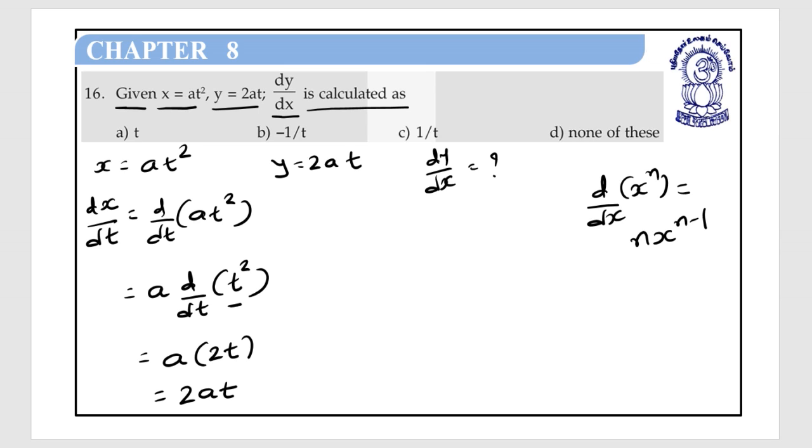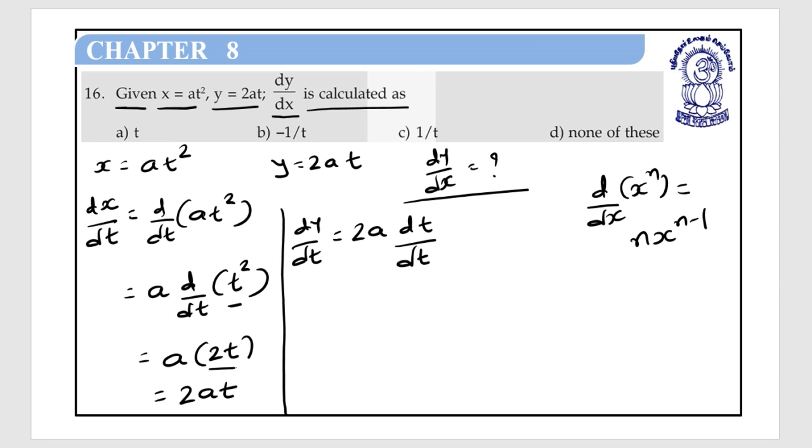Using this, d by dt of t square is 2t. Now differentiate y with respect to t. dy by dt is equal to 2a common, dt by dt, so dy by dt is equal to 2a into 1, which is 2a.